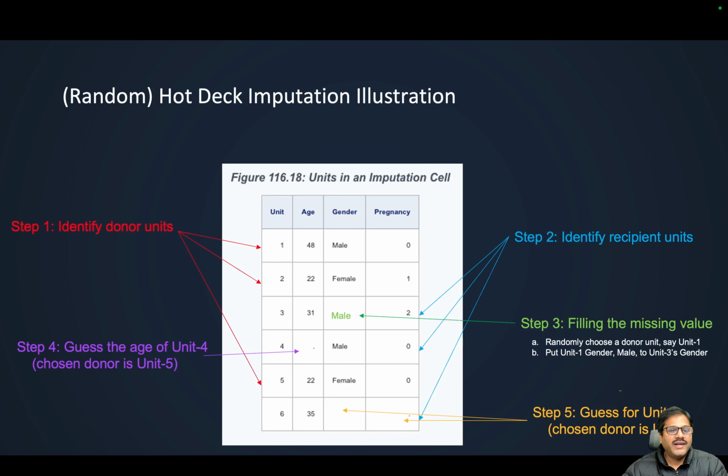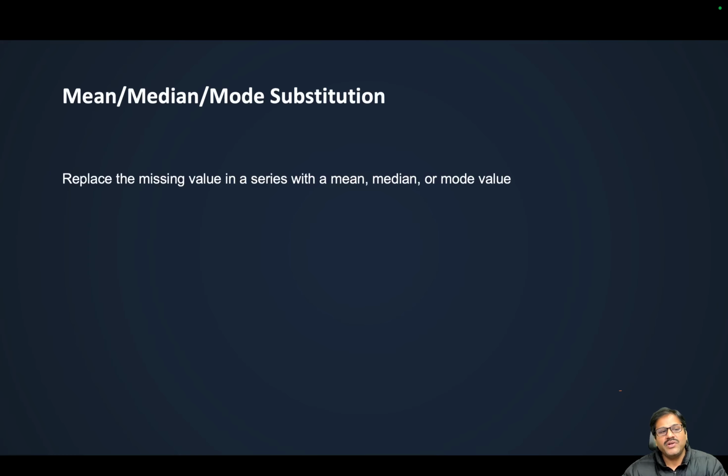Now let us look at another imputation technique, which is mean, median or mode substitution. This technique is very popular to handle numerical data which is generally sequential, like time series data. Then this approach is very useful. Let us look at an example.